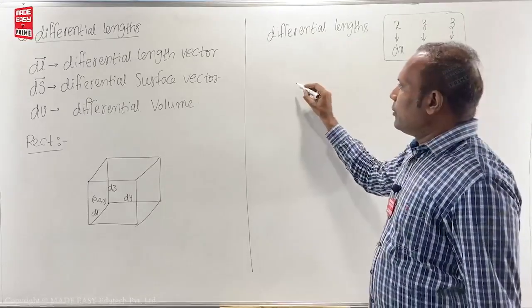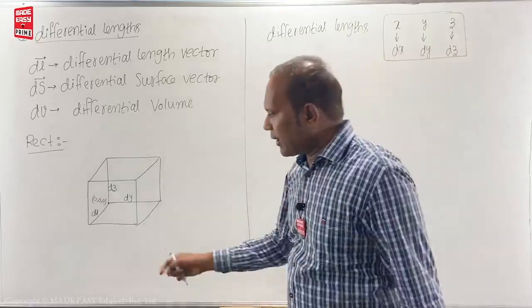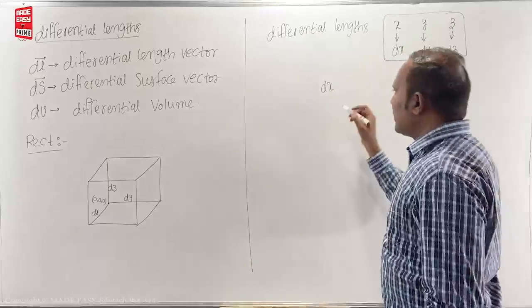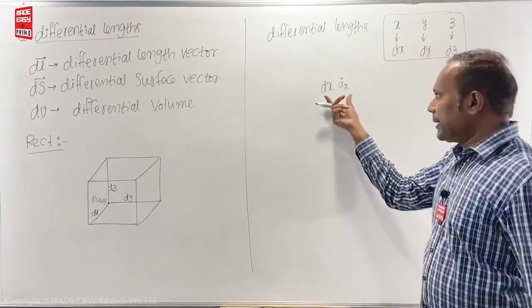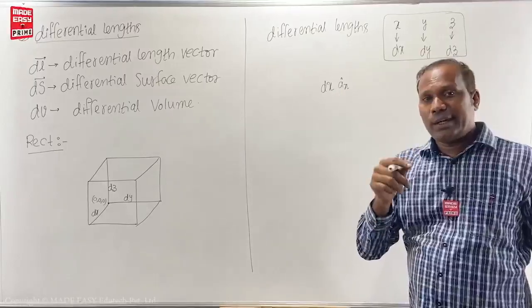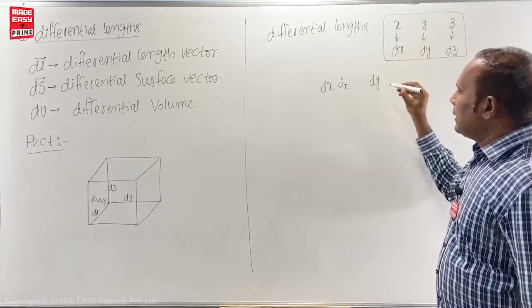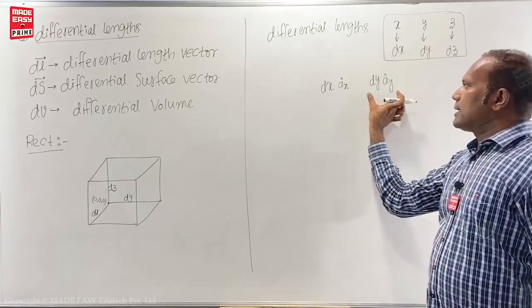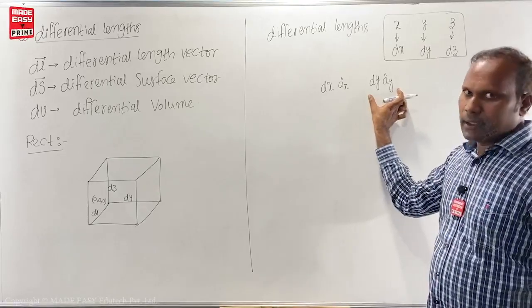Now dx means a differential length in the x direction, and if you multiply it with the unit vector in the x direction, then this is called the differential length vector in the x direction. Similarly, you take dy, multiply with unit vector ay cap, then this is the differential length vector in the y direction.